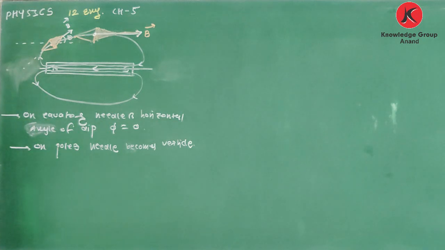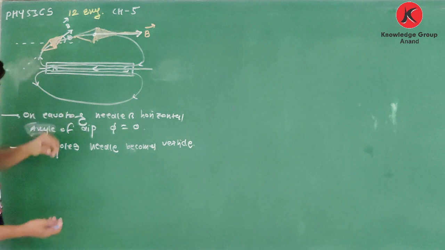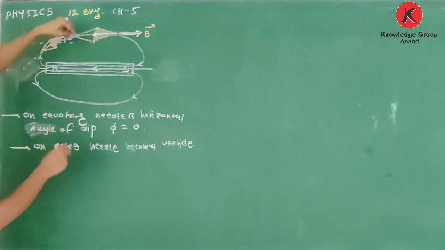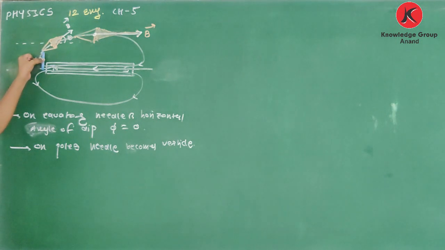Yes or no? How? See, here it is aligned like this. As it comes to this point, here it is in the horizontal direction. At this point, it will be in the direction of the tangent. So at the poles, the magnetic needle will align like this.